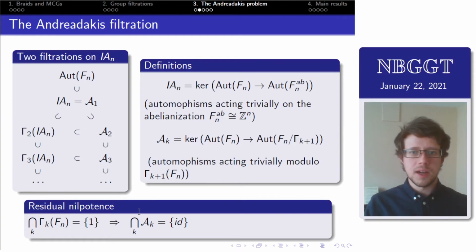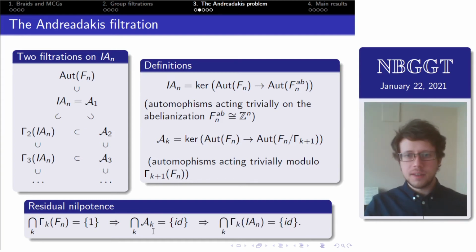And if you are in all the A_k, then this element must be trivial, so there must be multiplication by 1 on each element, so you must be the identity. And the fact that the Andreadakis filtration has trivial intersection implies, because of these inclusions, that the lower central series here also has trivial intersection.